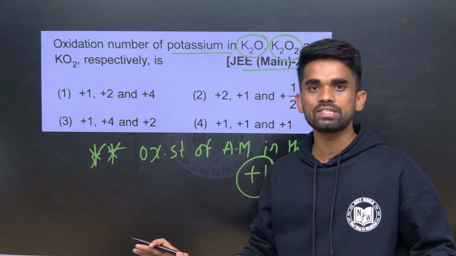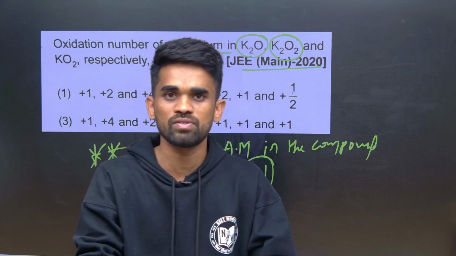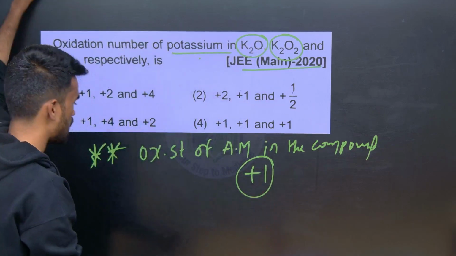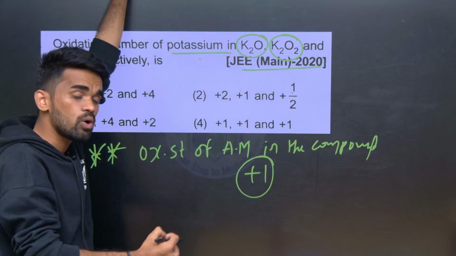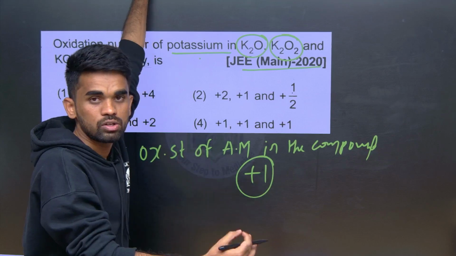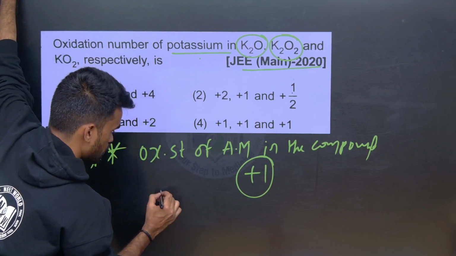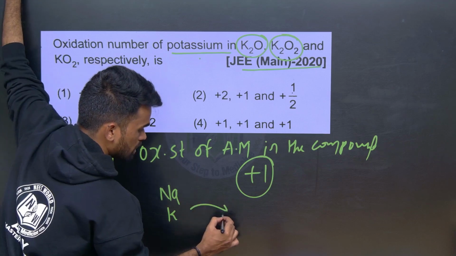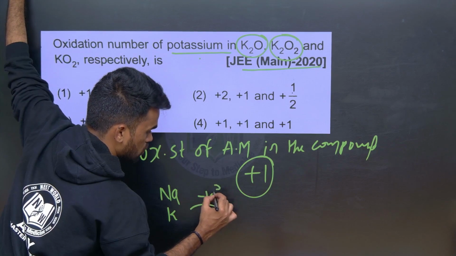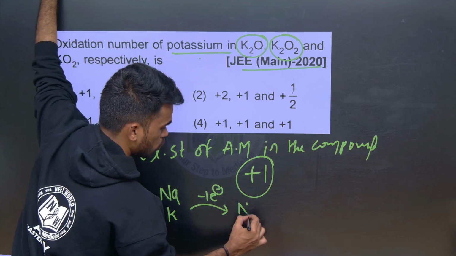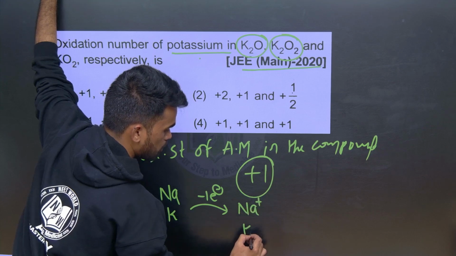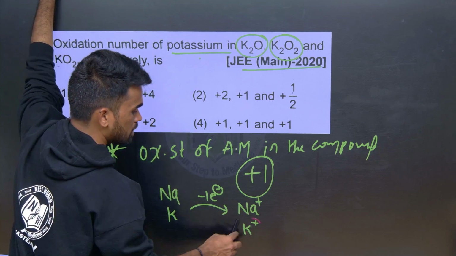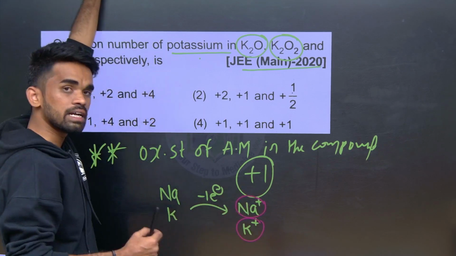Whatever compound it is forming, it will always be plus 1, because we know alkali metals have low ionization energy and a high tendency to release electrons, to lose their electron. So for example sodium, potassium, all these elements will lose one electron and become unipositive Na plus or K plus, so that they gain their respective nearest inert gas configuration.